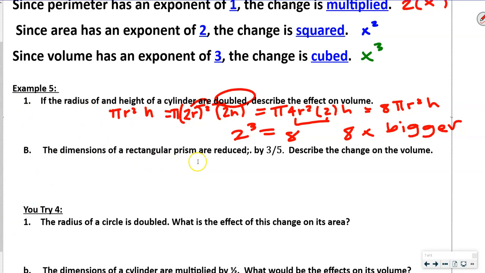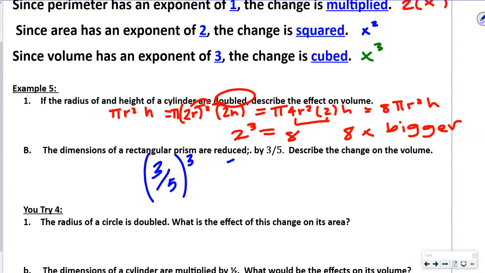Dimensions of a rectangular prism are reduced by 3/5, okay? So describe the change on the volume. So again, a rectangular prism is a 3-dimensional object, so we're going to take the 3/5 and we're going to cube it, okay? Because that's our change.